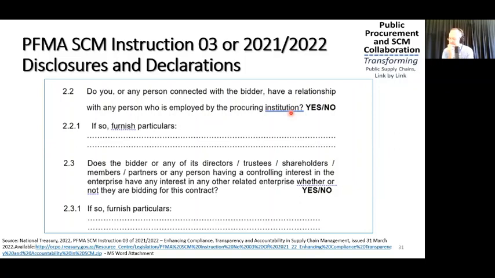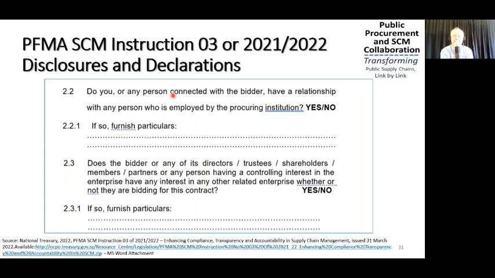Now, we as a procuring institution also have to do the declarations of interest in our environment, where you declare your businesses as a person being employed by the institution. Now here it talks about any relationship. What's the relationship? It goes into that assumption which was there before, to say what constitutes a relationship.